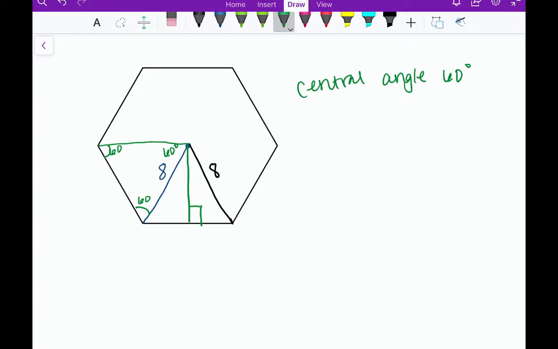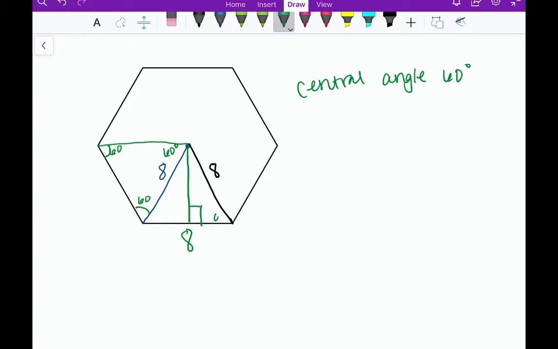So actually, this makes this an equilateral triangle. So what that means is this is 8, which makes this pretty easy. So we know the side of the hexagon is 8, but we still have to find the apothem.